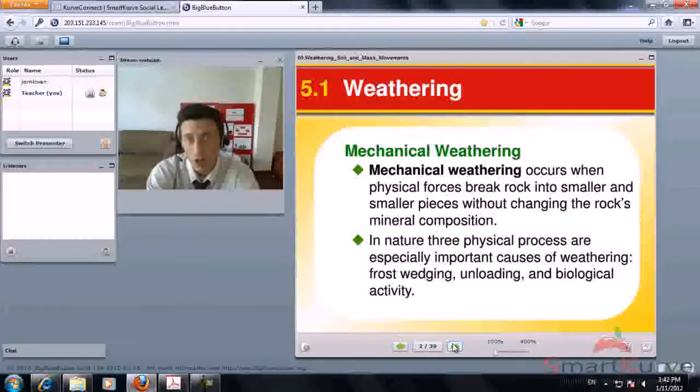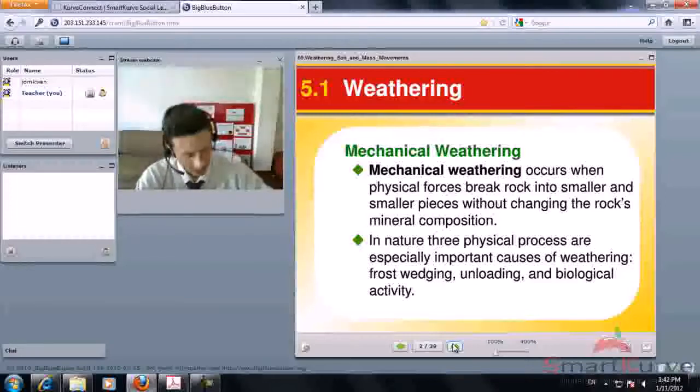Now, we've talked about both of these types of changes in our previous lessons. A few examples of physical change would be water freezing into ice, or ice melting, or salt dissolving in water.